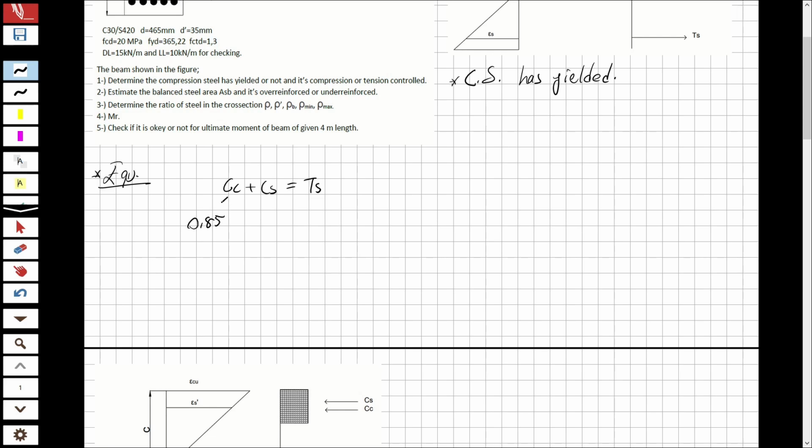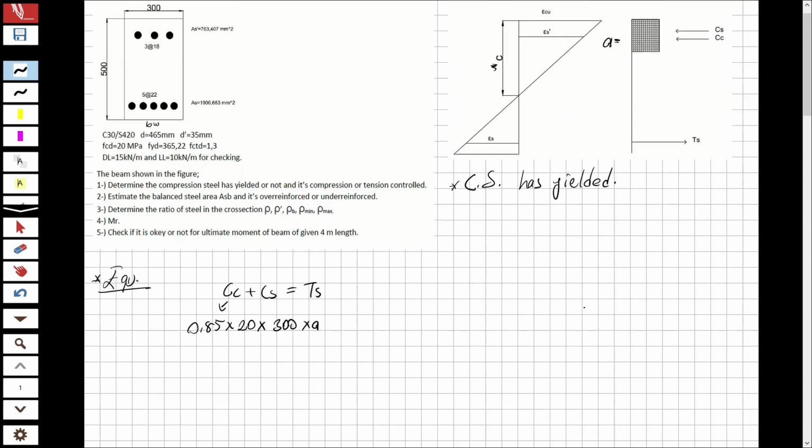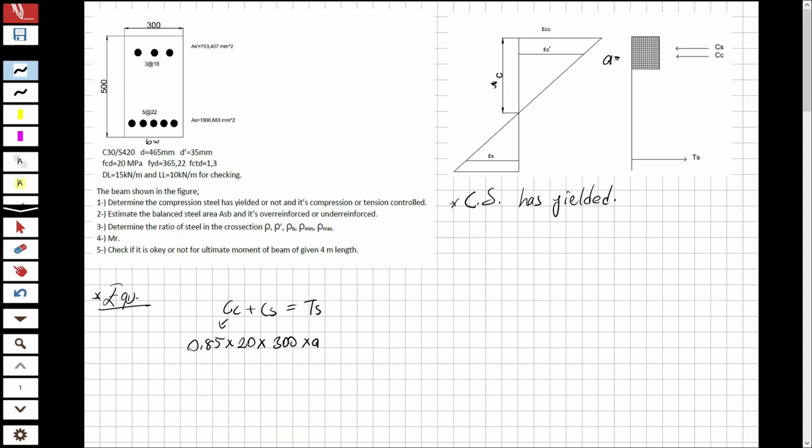So let's write it. 0.85, now I write the CC. 0.85 multiplied with FCD. What is FCD? The design strength of the concrete. So this is 20 megapascal, multiplied with 300, which is BW, and multiplied by A. A is the effective depth of the concrete.